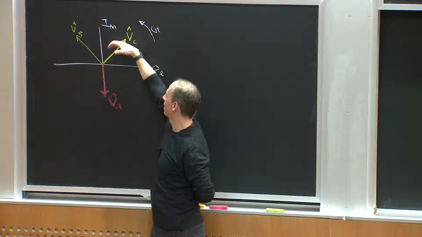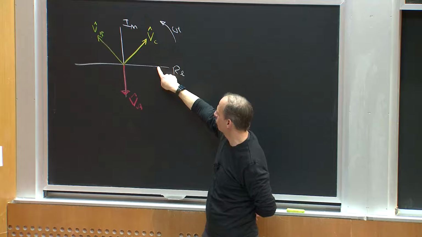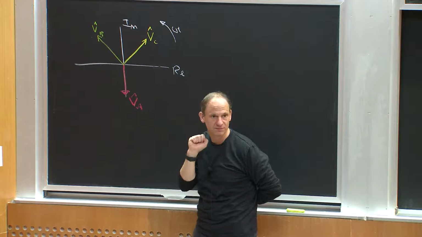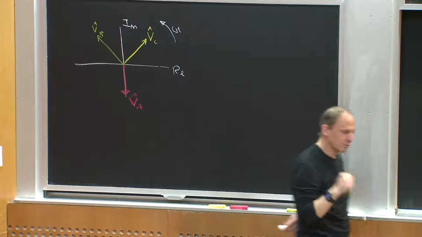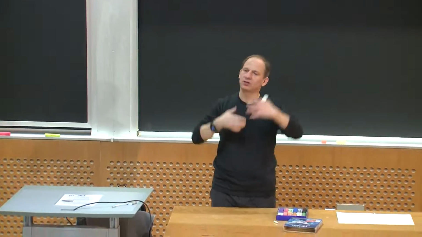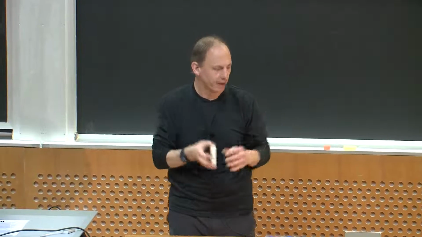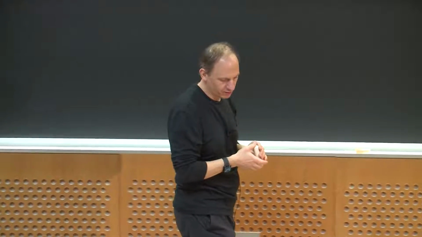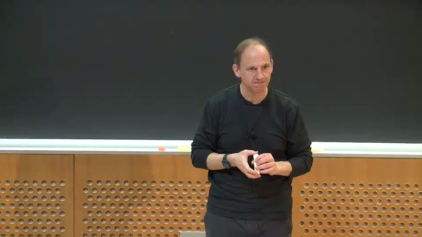If I wait until ωt is equal to 90 degrees, VA hat would have rotated up here, I'd project it onto the real axis, and I'd get Vs. So we often think about three-phase systems in terms of their phasors, and the benefit is we can add and subtract phasors when combining signals, and we'll do that a lot to figure out different combinations. This is just a little bit of a review of last class.